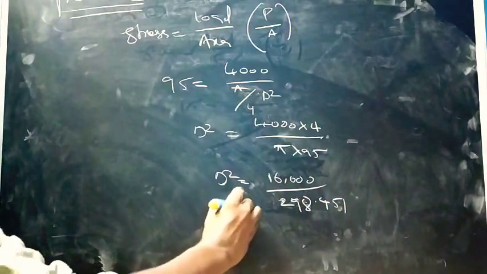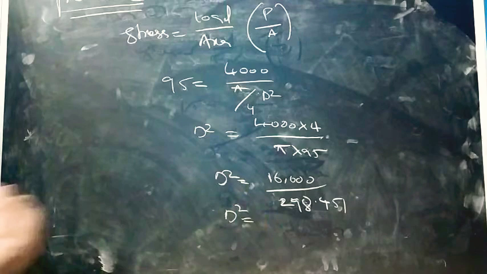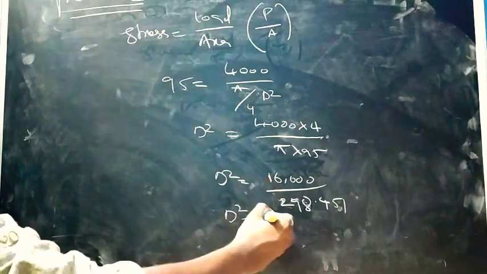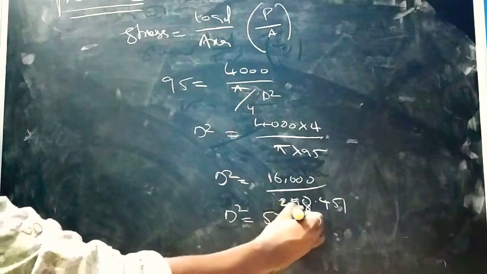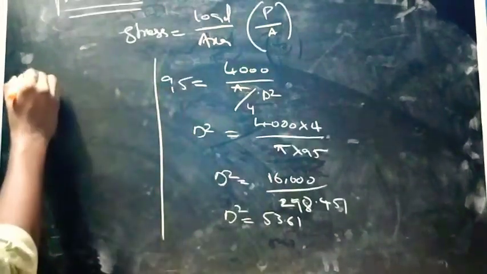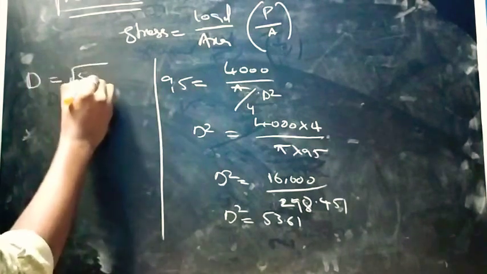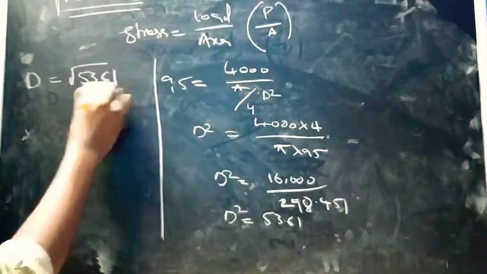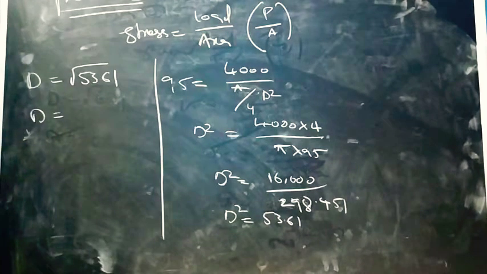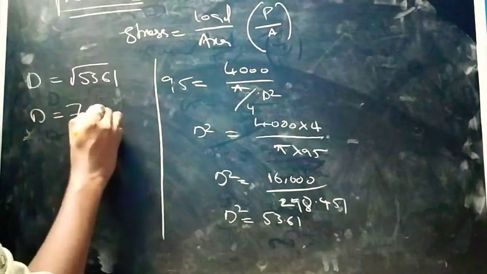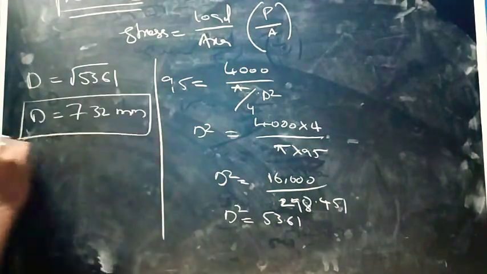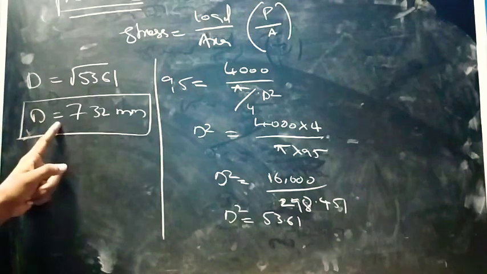So d square equals, put in the calculator, 53.61. So d will equal the square root of 53.61, and d equals 7.32 mm. Right? So this is how you can find the diameter.